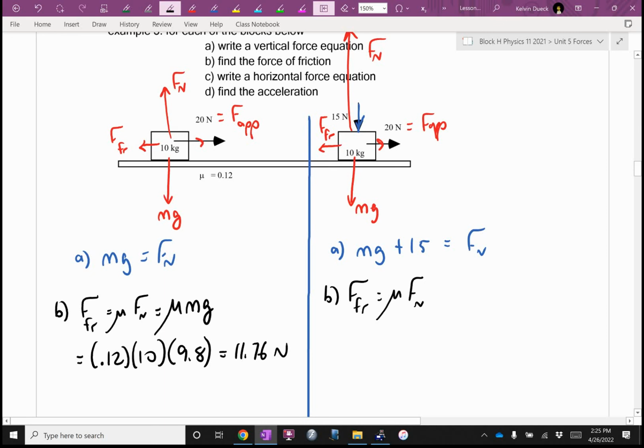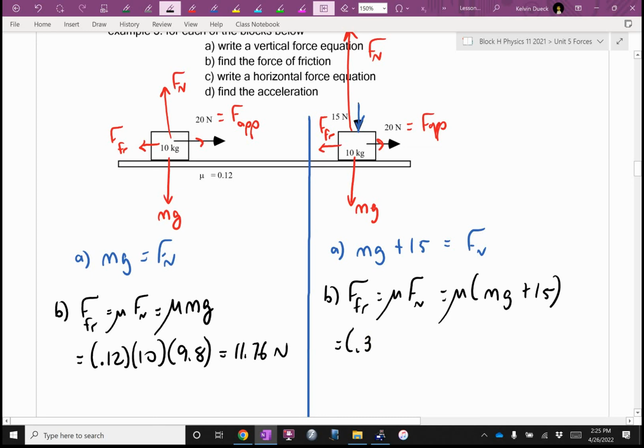On the right-hand side, friction is mu times the normal force. Wait a minute, yes, I do. What's the normal force the same as, apparently? So are you telling me that I can go mu bracket mg plus 15? That's friction? Let's plug in numbers.